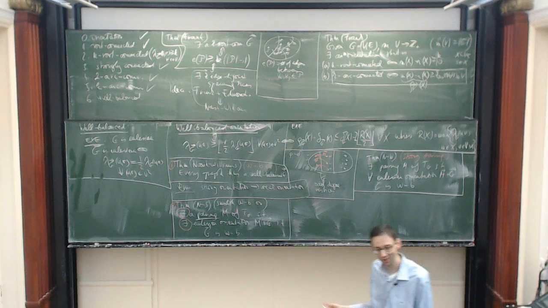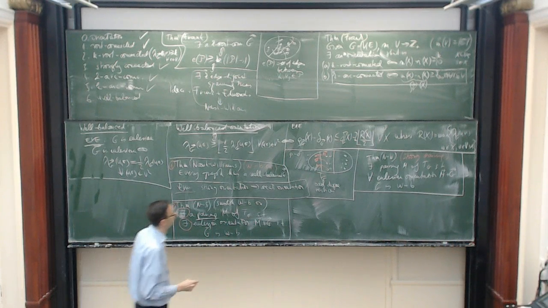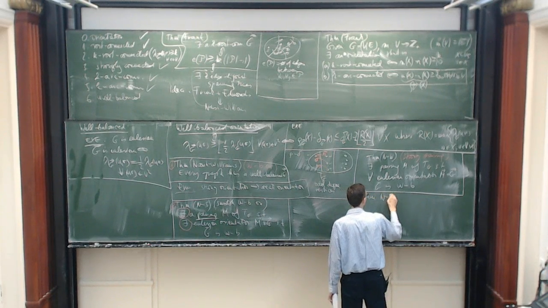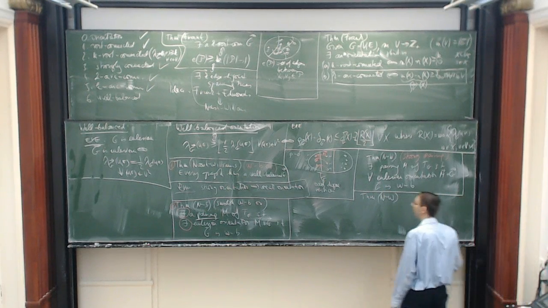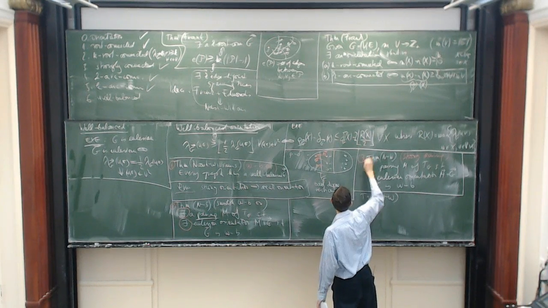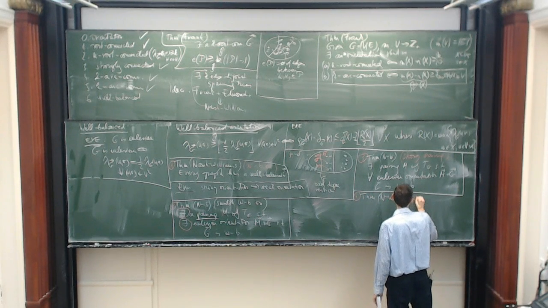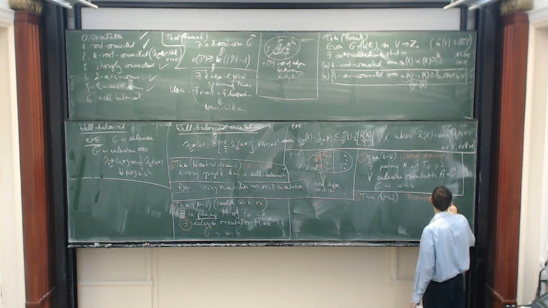And I continue. He didn't prove this one. He proved something even stronger. I will write it down here. Theorem, Nash-Williams. This is the feasible pairing theorem. This was 3. This will be 4. Feasible pairing.